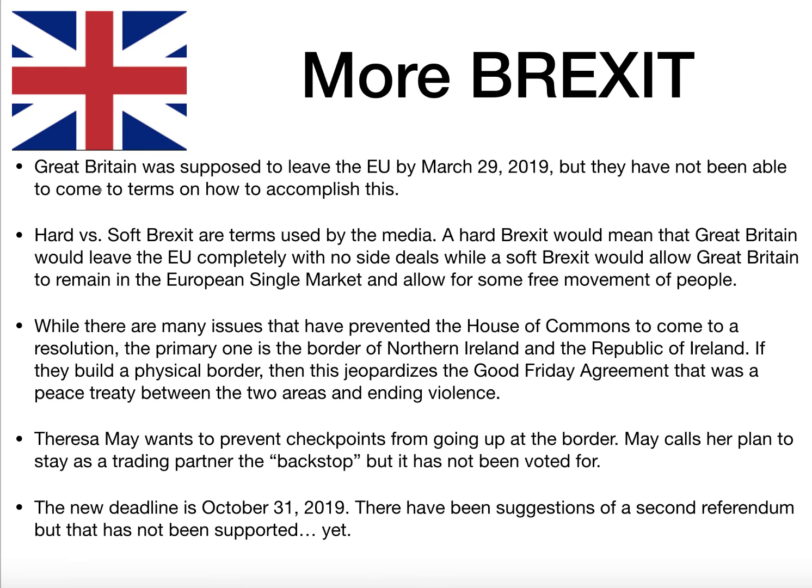So now if they put a physical border between those two, because remember, the Republic of Ireland is still in the European Union, that could jeopardize the agreement. So that's one major issue. Theresa May said maybe we can just put checkpoints up at the border. She calls her plan a backstop, but they just haven't been able to vote in favor of that.